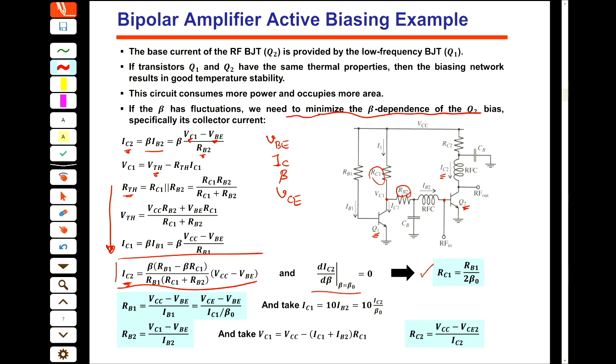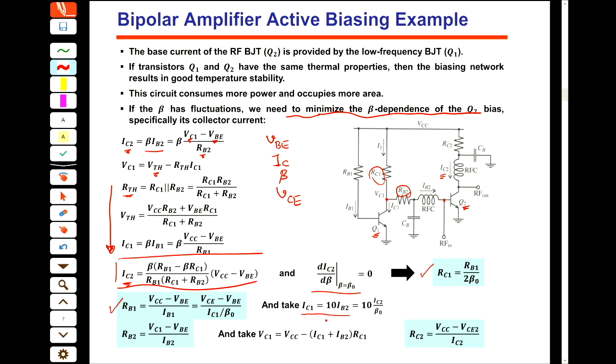So this is the condition that we can find from the differentiation. And then based on these, you can find the values for the RB1. Again, we have to assume that this IC1 is 10 times, this is the degree of freedom that we have.